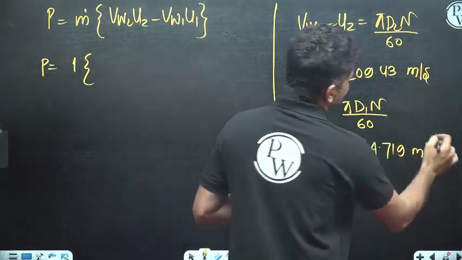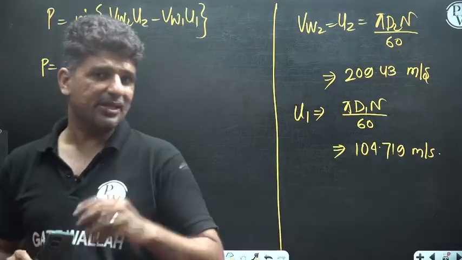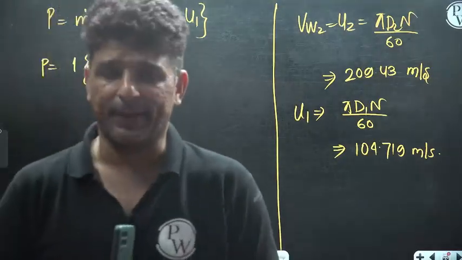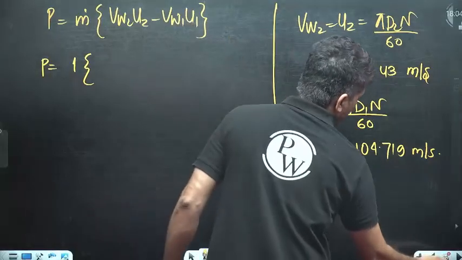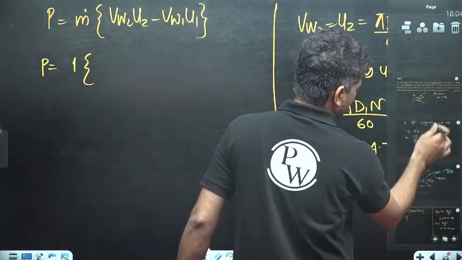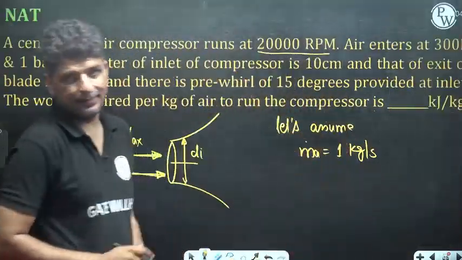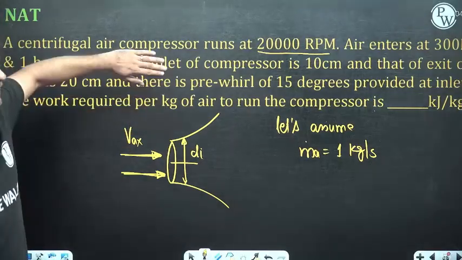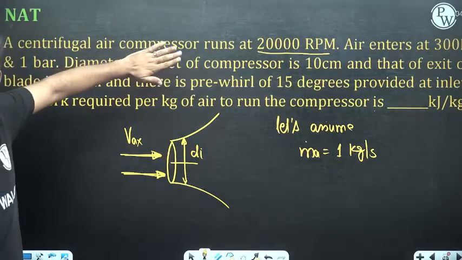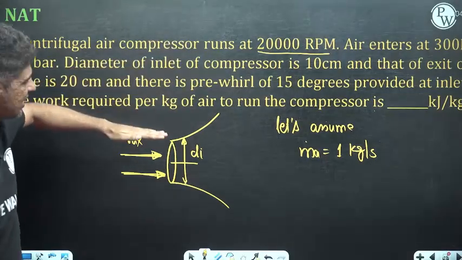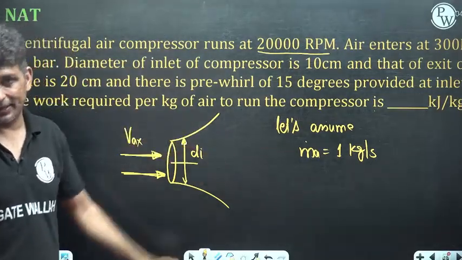Now, guys, there is a small catch over here. He has not actually given the diameter of the blade at inlet. Generally we assume that the blade starts from the inlet diameter.